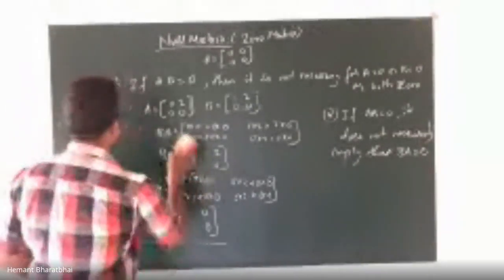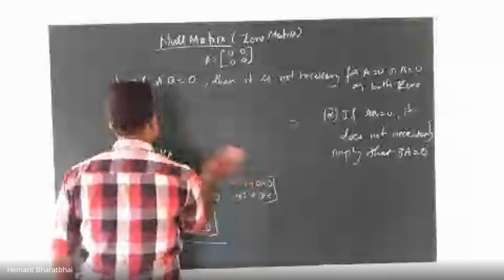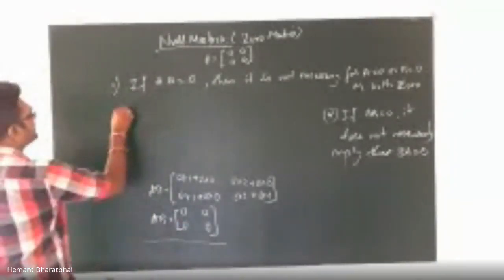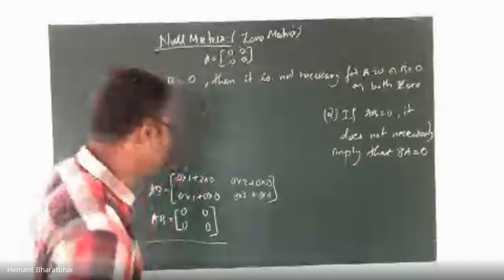Next is very simple. You can say the third property, which is actually what we do in algebra. If you multiply any number with 0, you always get a 0.